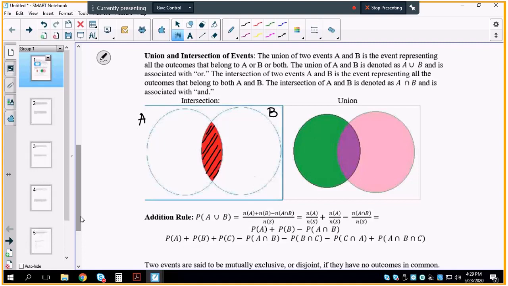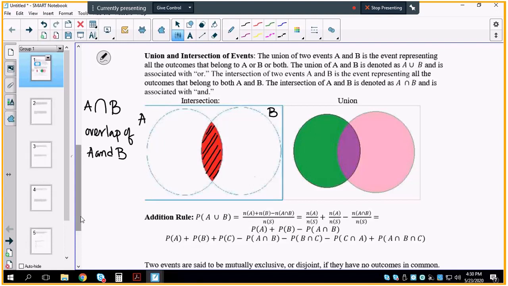For two events A and B, I write A upside down U, B, and read it as intersection. This is the overlap, or whatever is common in both A and B.